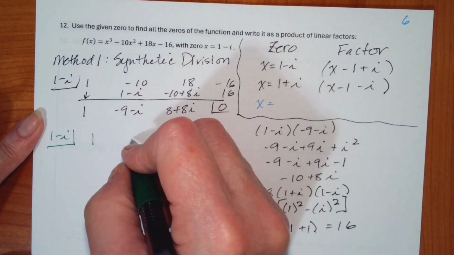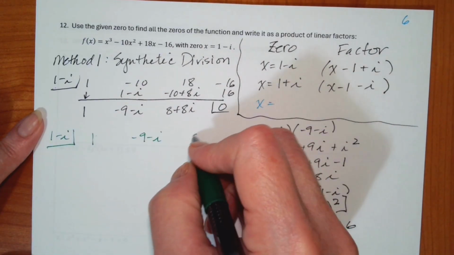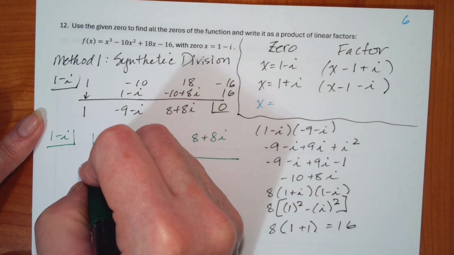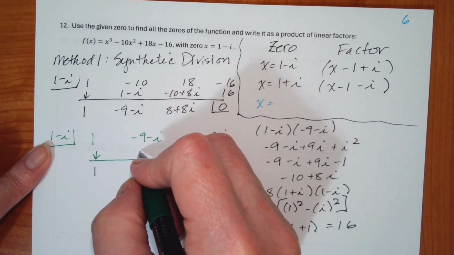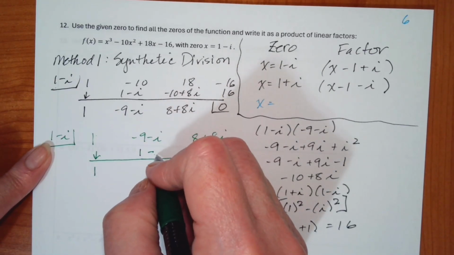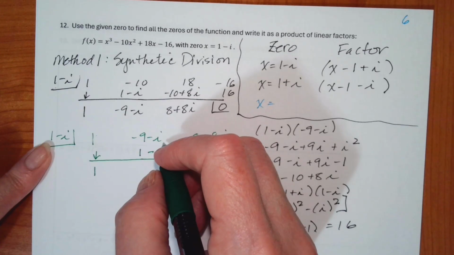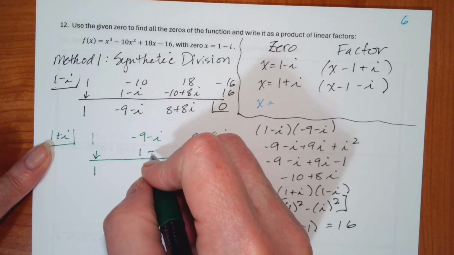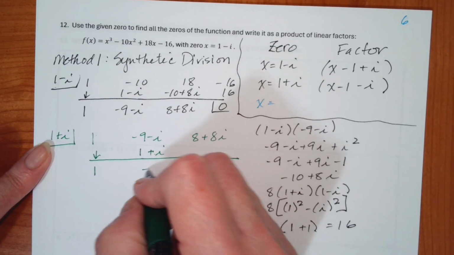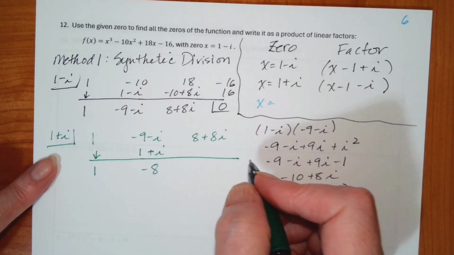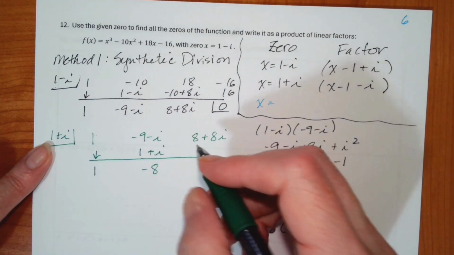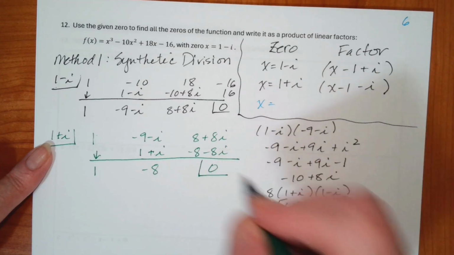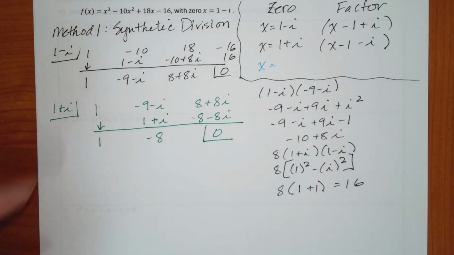And let's say I have 1, negative 9 minus i, 8 plus 8i. Bring that down. So that gives me 1 minus i. Oh, I'm sorry, 1 plus i, excuse me. So that gives me 1 plus i, which gives me negative 8. And negative 8 times 1 plus i gives me negative 8 minus 8i, which gives me a remainder of 0 and tells me that is also my factor.